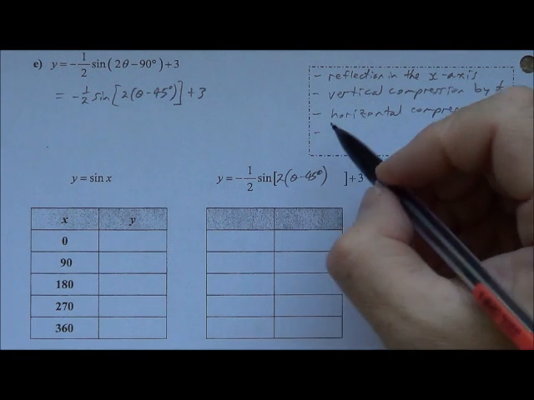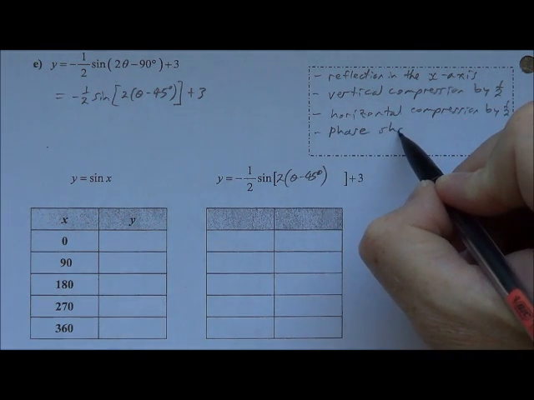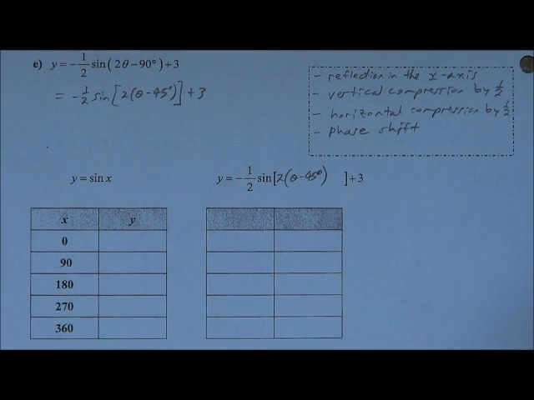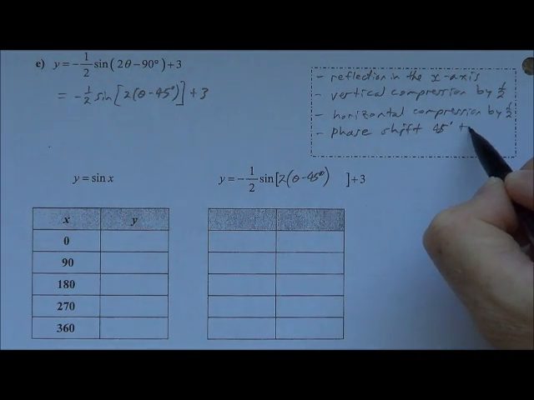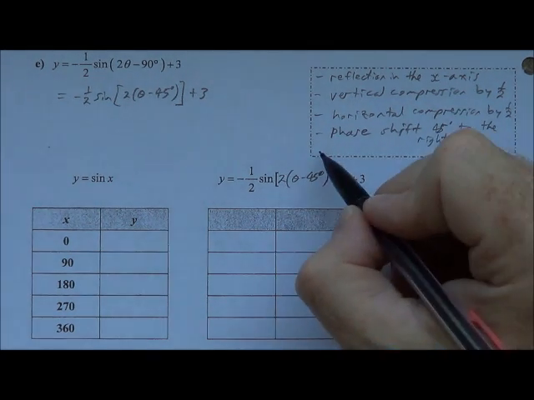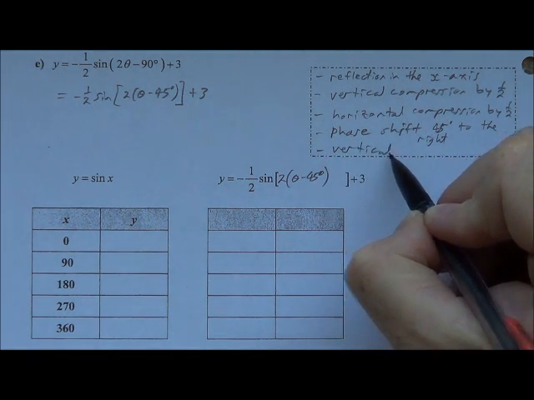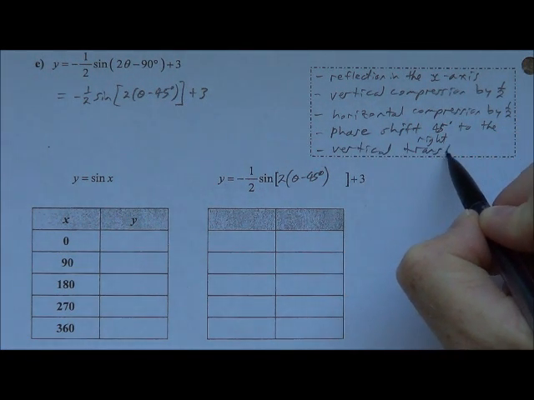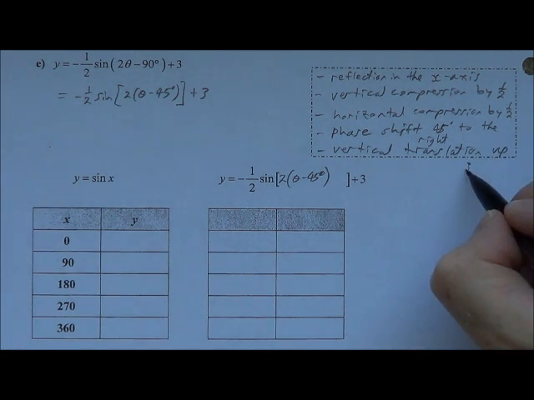And then we've got a phase shift, because that's always horizontal, phase shift 45 degrees to the right. And then a vertical translation up 3 units.